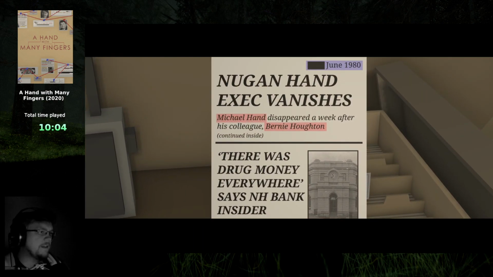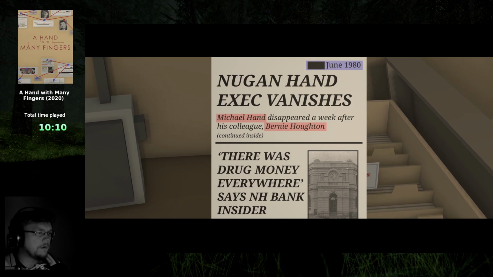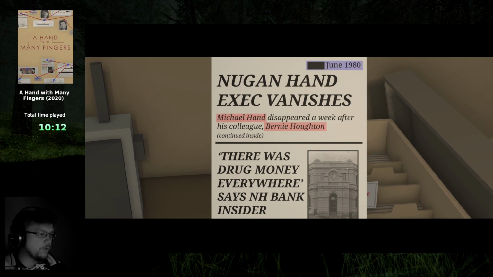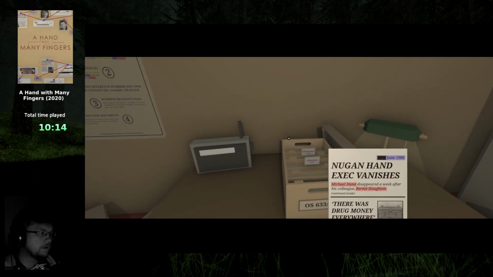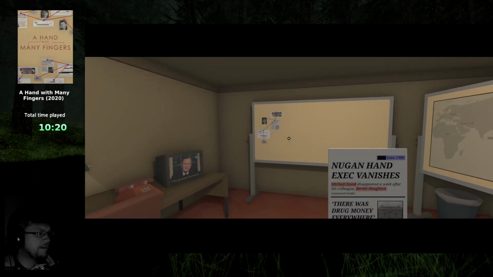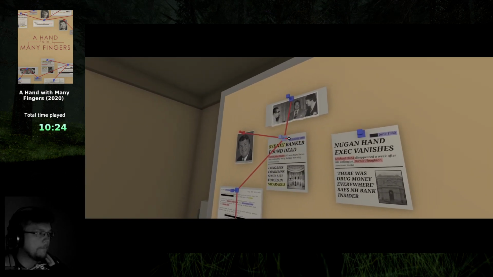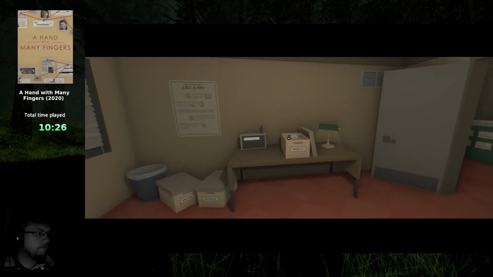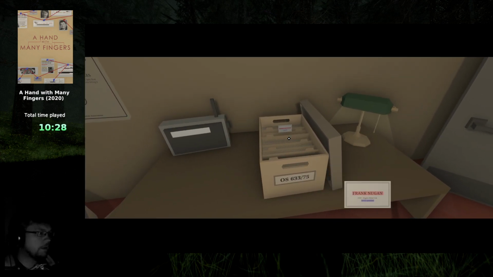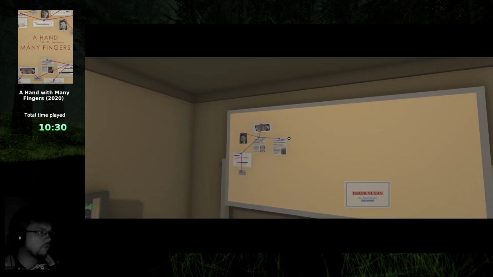Nugan Hand exit vanishes. Michael Hand disappeared a week after his colleague Bernie Newton. Drug money everywhere. And vanished. Vince card.